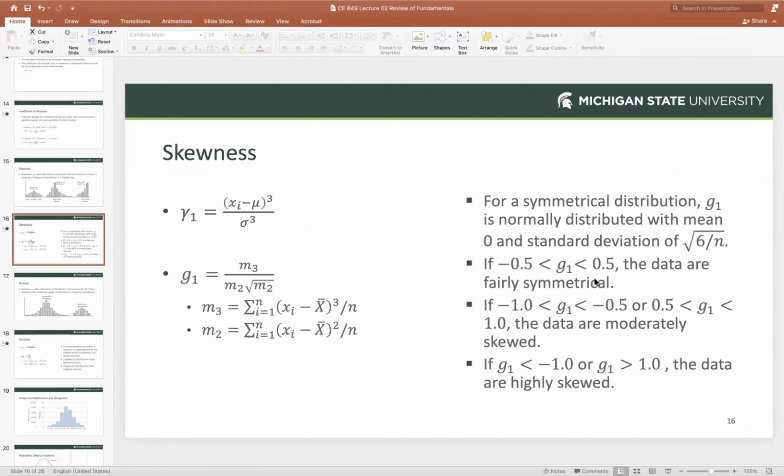Your question, Jordan? I just didn't get those ranges for the different skewness levels. When you say you didn't get them, I went through it too fast. Is that what you're saying? Or I think I just didn't realize that I had to copy it down because it wasn't already on the slide. Thanks. I got it now.